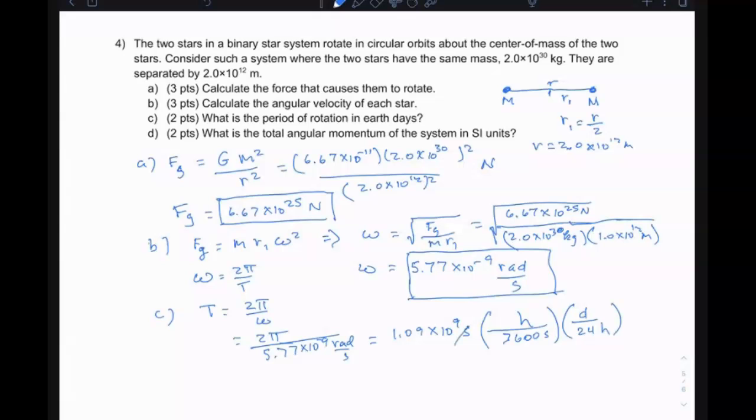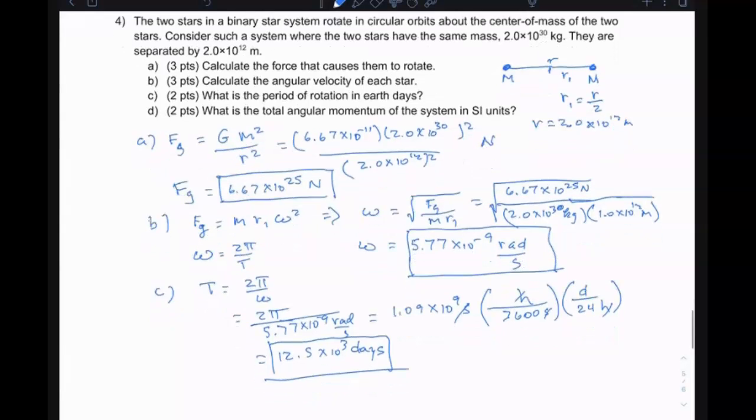So seconds cancel and hours cancel to get days. And the result is 12.5 times 10 to the third days. Okay, so that's part C.